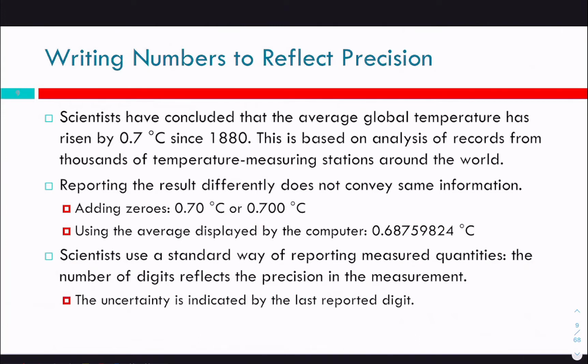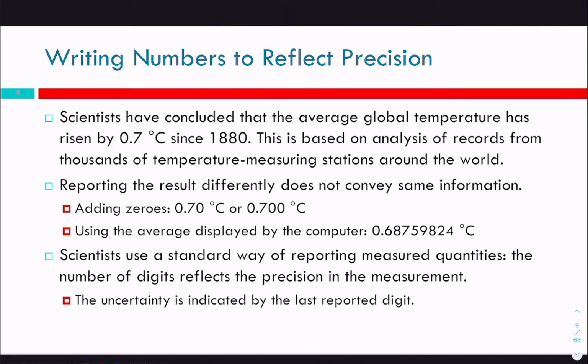So again, just like our gold bar, it would be different if we added zeros and said it's 0.70 degrees C. That's more precise than to say 0.7, or to say 0.700 degrees C.